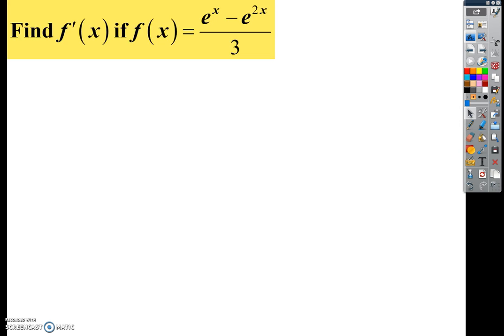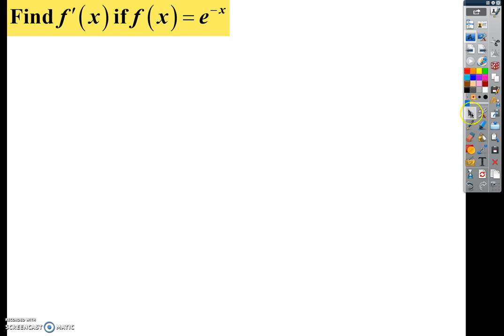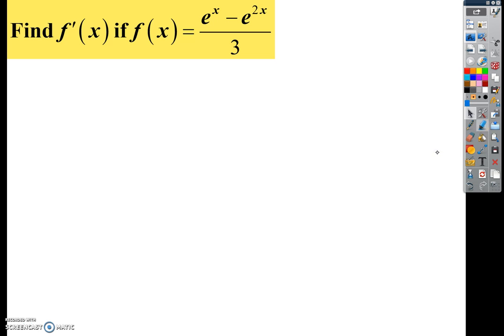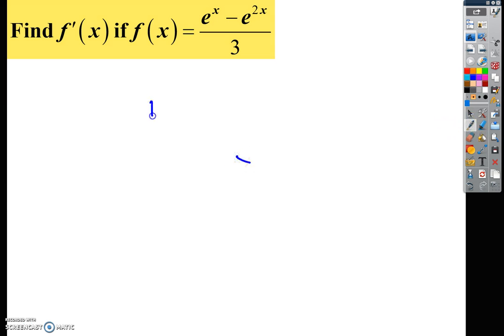So, let me go back to these two that I said we would do later. This one is e to the negative x times negative 1. And so that's f prime. And this one is 1/3 e to the x minus e to the 2x.